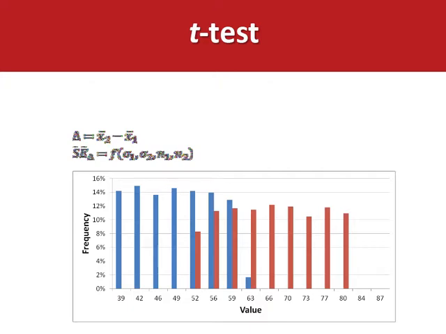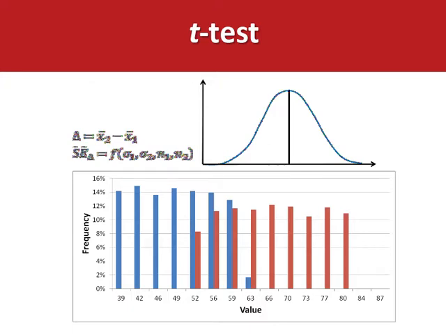Now, it turns out that this t-statistic is distributed according to the t-distribution. Moreover, if we assume that the two samples are from the same population, we can say something pretty strong about this t-distribution. We can say that it has a population mean of 0.